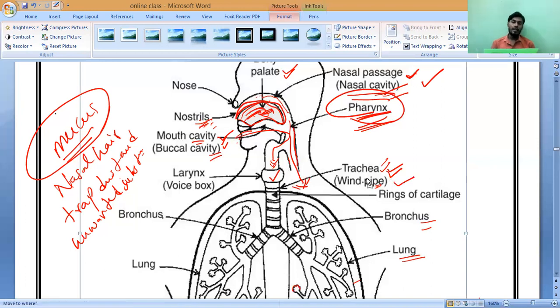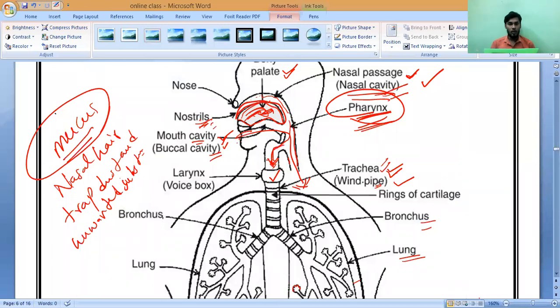So now, air is filtered by the nasal hair as well as the mucus secreted by the mucus glands. Now the filtered air is entering into where?